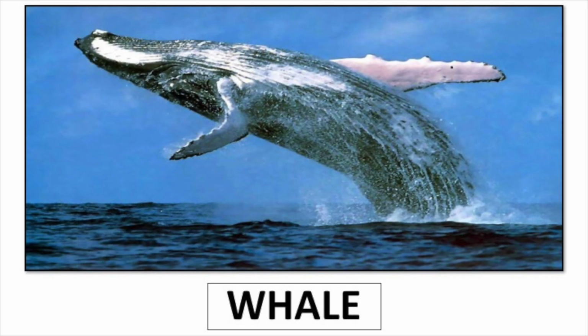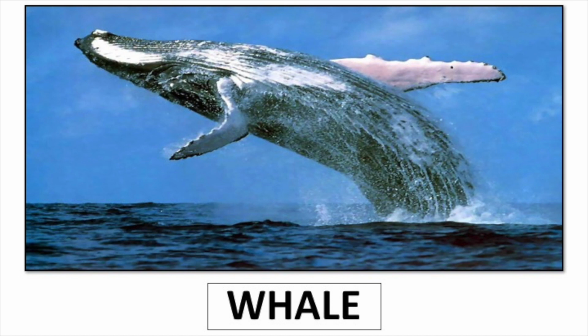And here, a giant animal. Does anybody know what this is? Whale. Yes. Look at the size of the whale. Huge. This picture is of a type of whale called a blue whale. The blue whale is the biggest creature on planet Earth.